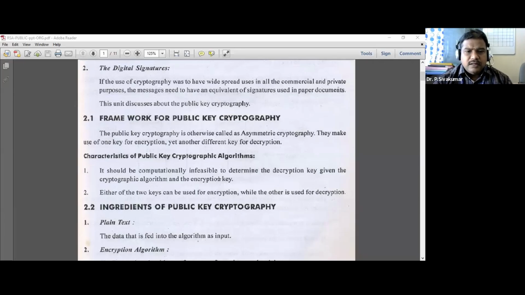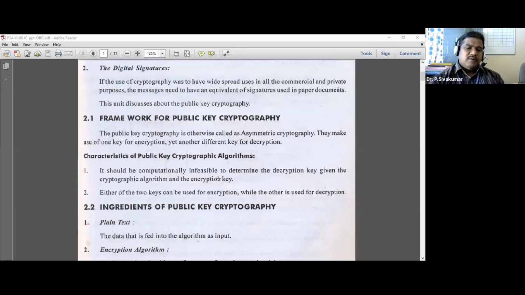Normally, what are the main characteristics? It should be computationally infeasible to determine the decryption key, given the cryptographic algorithm and the encryption key. You know it very well, the cryptographic algorithm in both asymmetric and symmetric models is public. Everyone knows what process is going on in that algorithm. But how we maintain security depends upon the key.